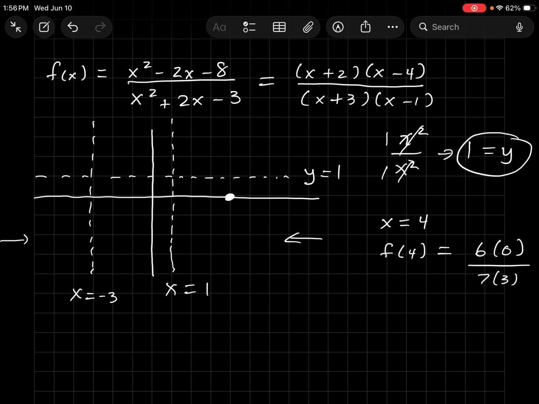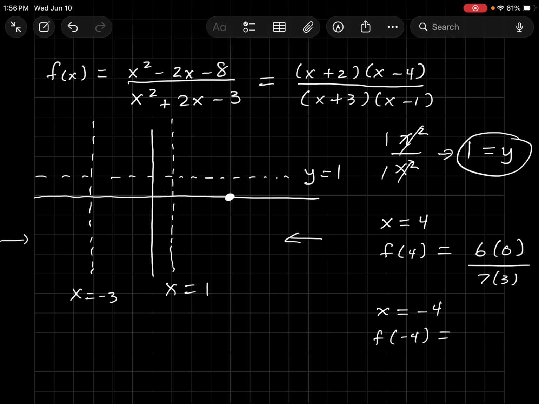Now let's choose any x value to the left of x equals negative 3. So I'm going to choose x equals negative 4. And I'm going to find f of negative 4. So I'm going to plug this in again. I like to plug things into factored form usually.